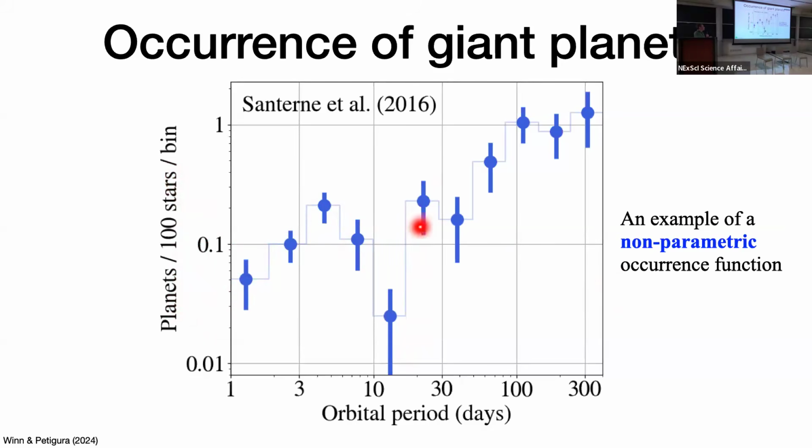So there's no requirement for these bins to follow some smooth function. They're just plotting it bin by bin. And so you can see that the occurrence tends to rise with orbital period, with a possible peak near 3 or 4 days, and even a possible dip at a period of about a couple of weeks.